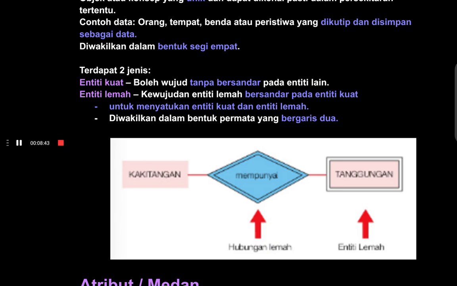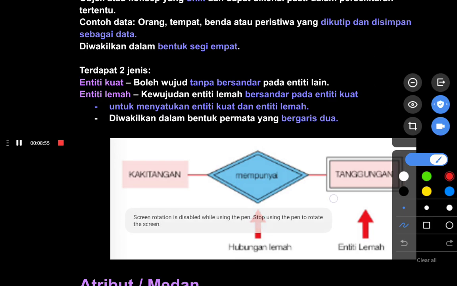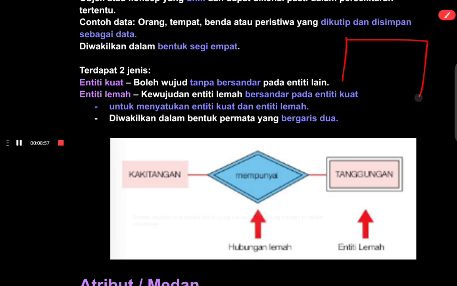What is this? Kewujudan entiti lemah bersandar pada entiti kuat. Why? What for? Untuk menyatukan entiti kuat dan entiti lemah yang diwakili dalam bentuk permata yang bergaris dua. Bergaris dua means double. Just like that.